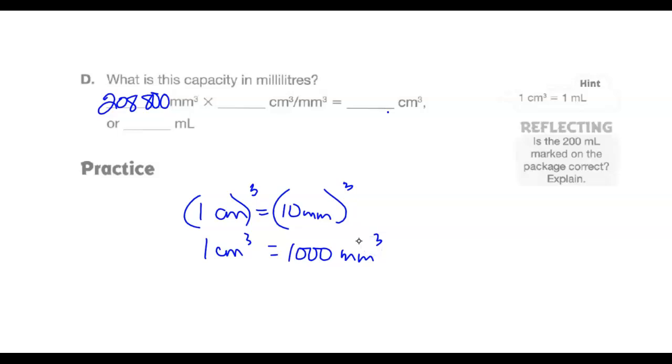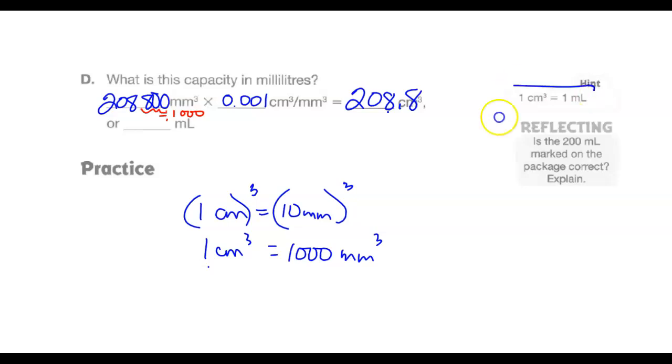So that's 1,000. But we're going from millimeters cubed to centimeters cubed, so we want to divide by 1,000. So that moves the decimal place 3 to the left. 1, 2, 3. Okay. Or you could multiply by 0.001. And so then you get 208.8 centimeters cubed.